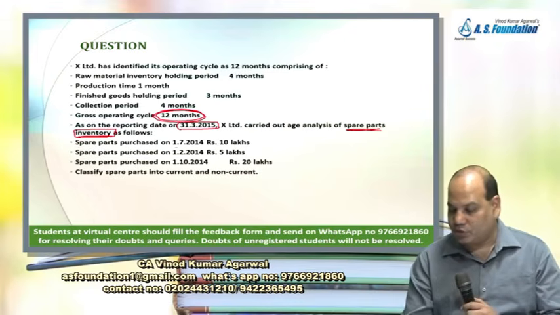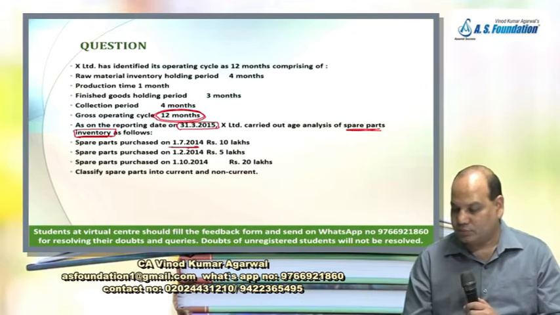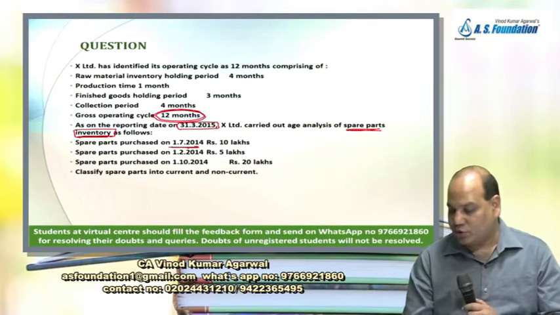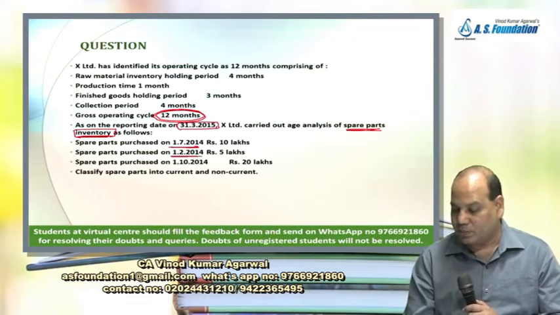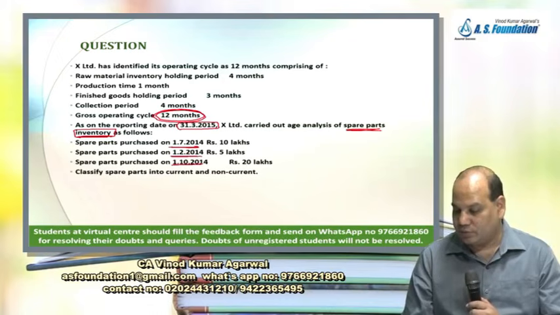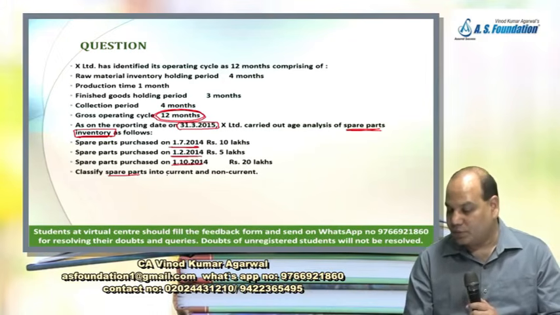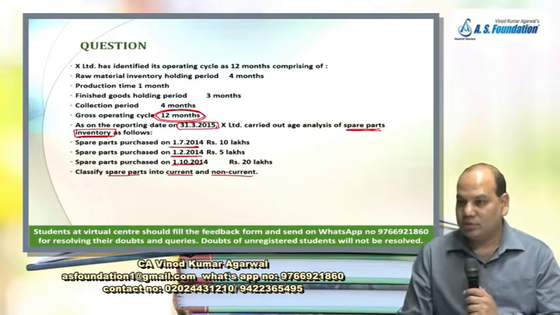Spare part purchased on 1/7/14, 10 lakh. Spare part purchased on 1/2/14, 5 lakh. Spare part purchased on 1/10/14, 20 lakh. Classify the spare parts into current and non-current.